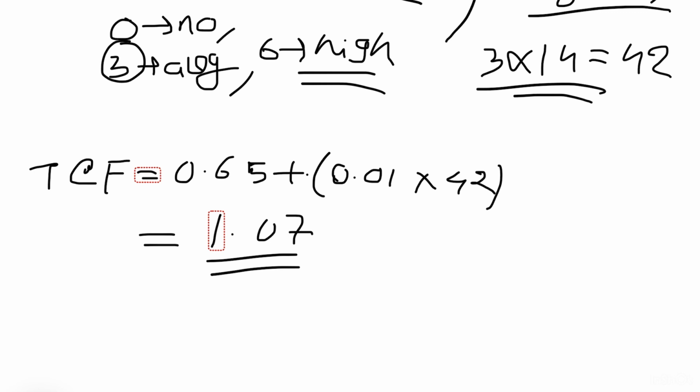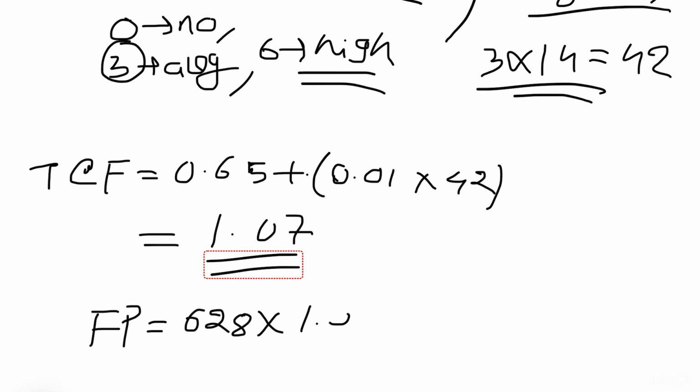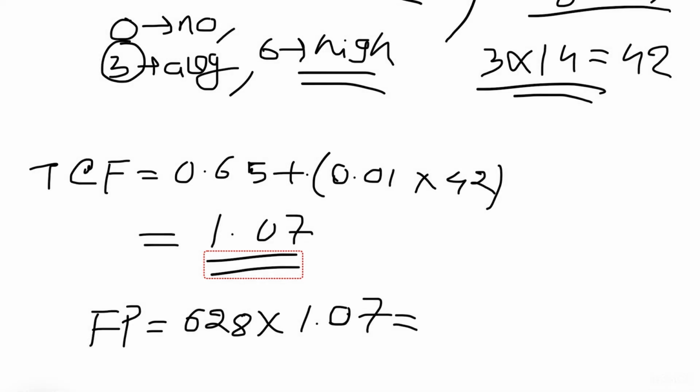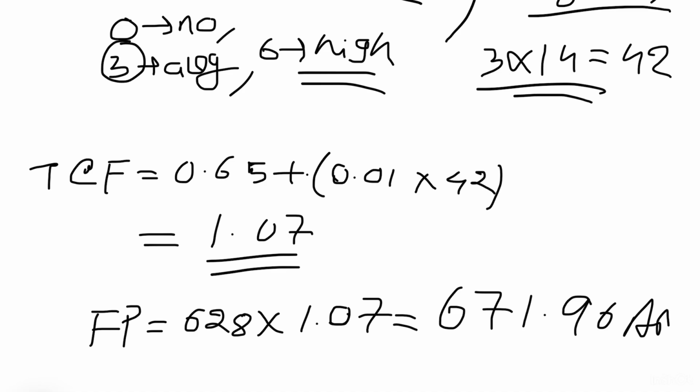So our function points are 628 into 1.07. 628 into 1.07 gives us 671.96, and this is our answer for the function points.